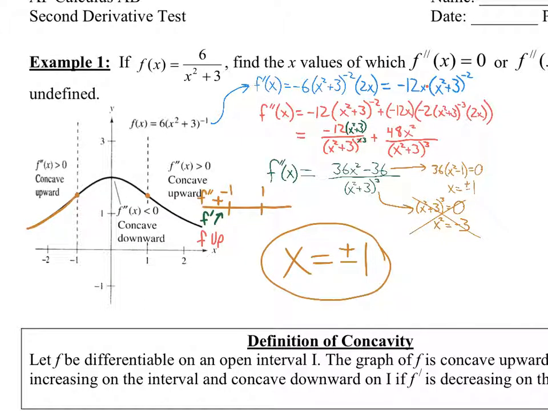But let's say your critical points for the first derivative were -1 and 1, and you still got increasing for the derivative, wouldn't that tell you it's concave upward? Well, here's the thing.